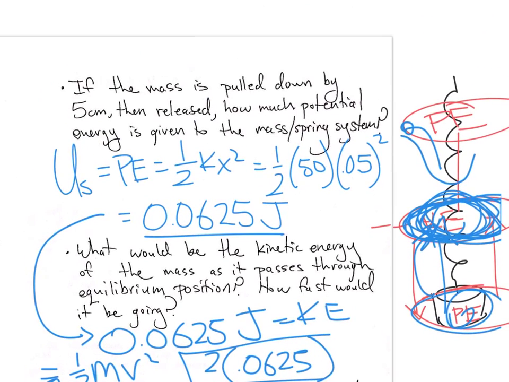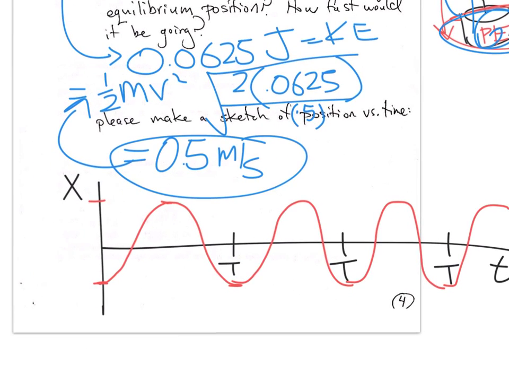So we displaced it by 5 centimeters. So in terms of position, this is equilibrium, and this is negative 0.05 meters, and this is positive 0.05 meters. So we got time, and that's measured in seconds, and again we could put our numbers in here. I think it was this, but I kind of forget.